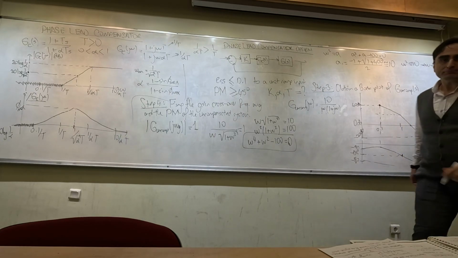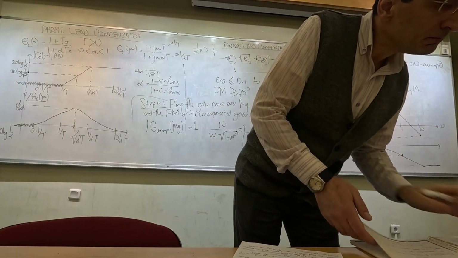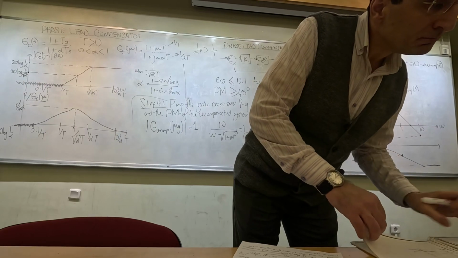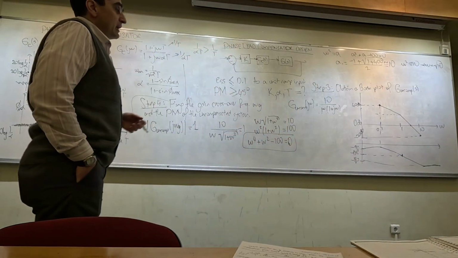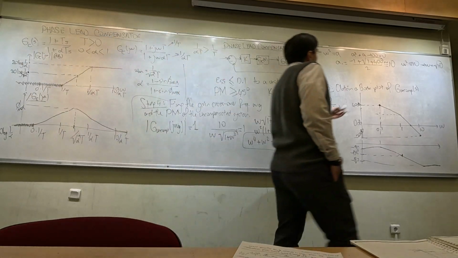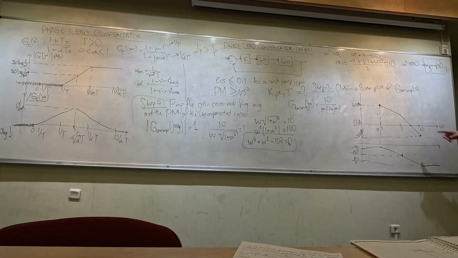So this is omega g, the uncompensated system gain crossover frequency.